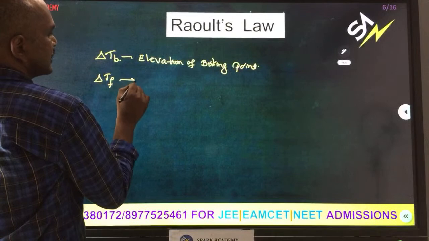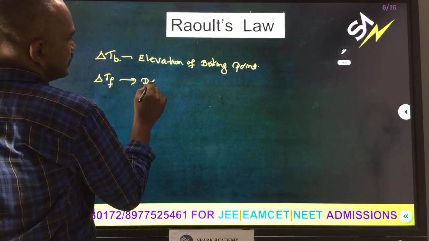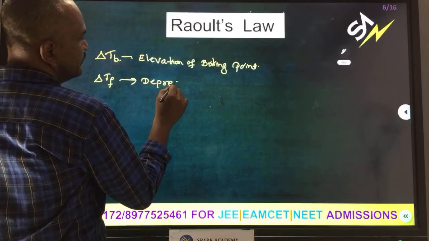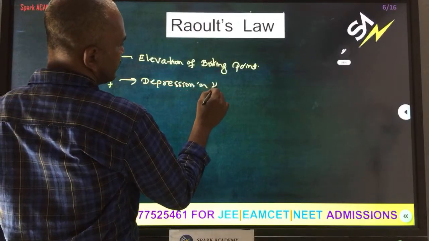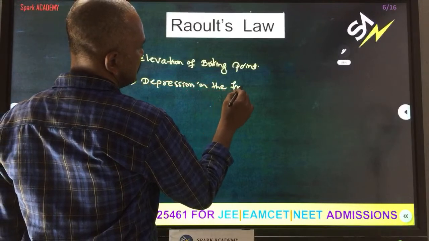Next, delta TF is the depression in the freezing point.